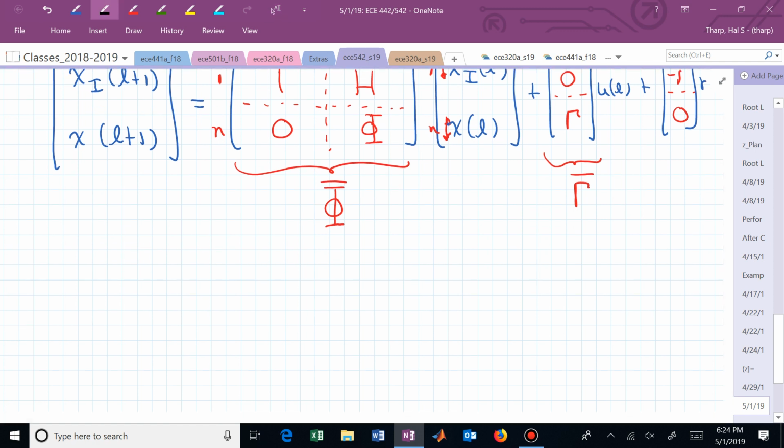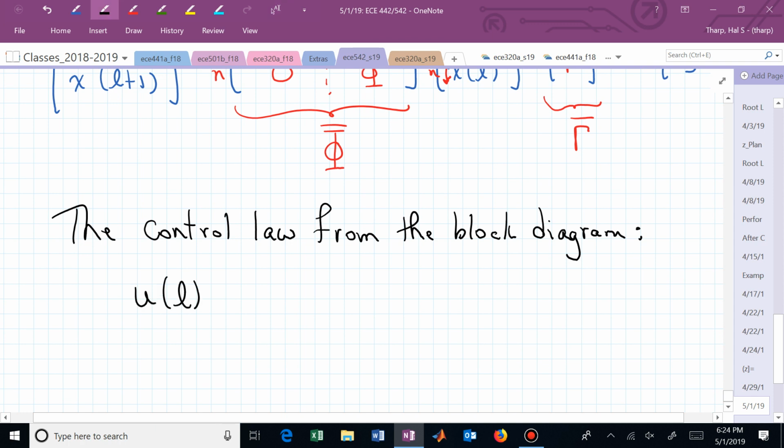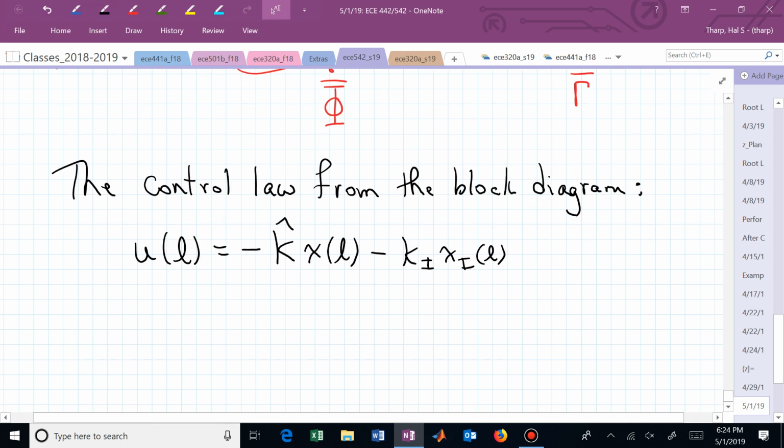So the control law from the block diagram was u of L is equal to minus k hat x of L minus k sub I x sub I of L. Oh, and maybe I should change that to be in the order that I did it now.